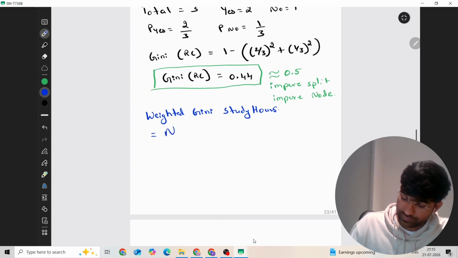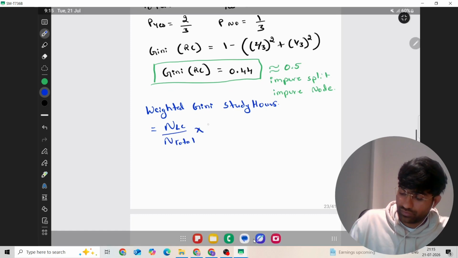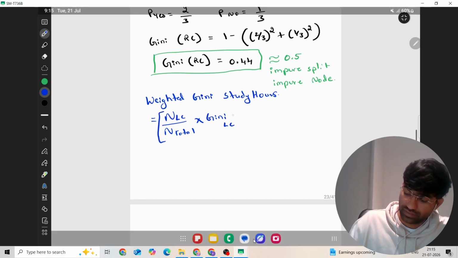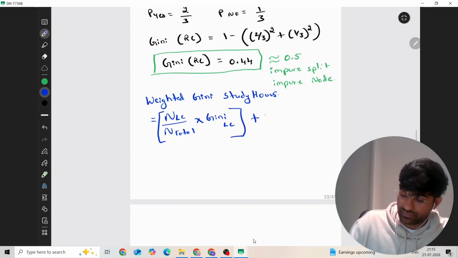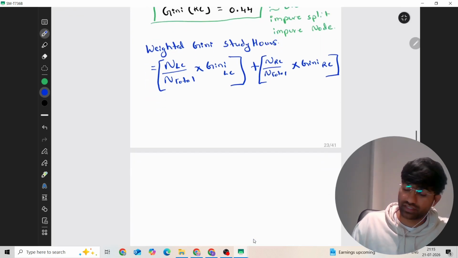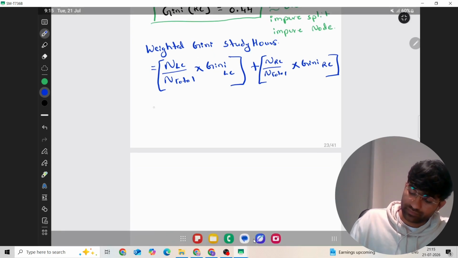N of left child divided by n of total into Gini impurity of left child plus n of right child divided by n of total into Gini impurity of right child. So this is the formula to calculate the weighted Gini.